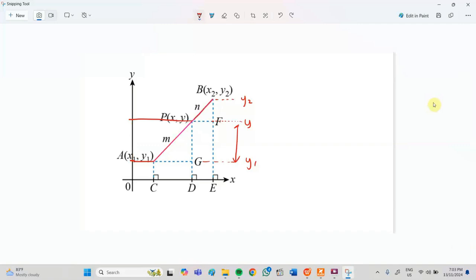Similarly, for this part of the graph, the height here corresponds to this.